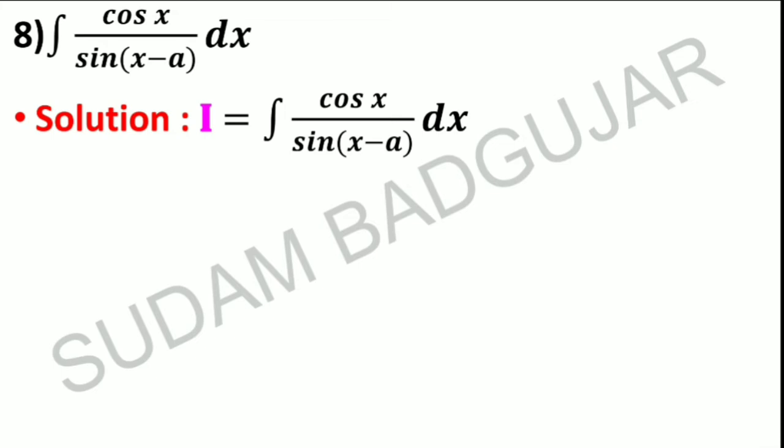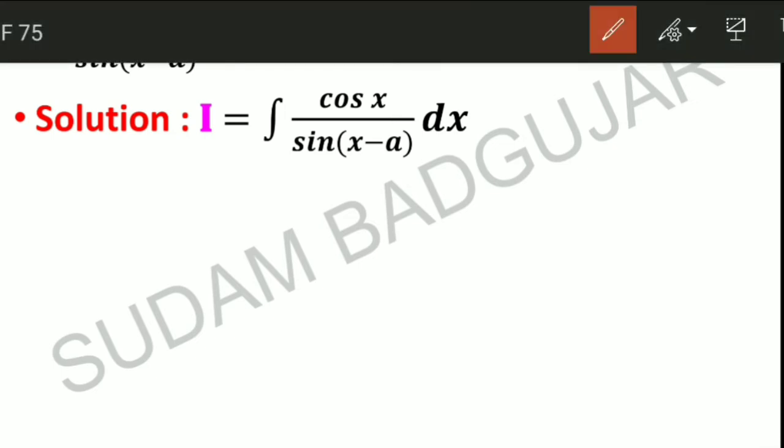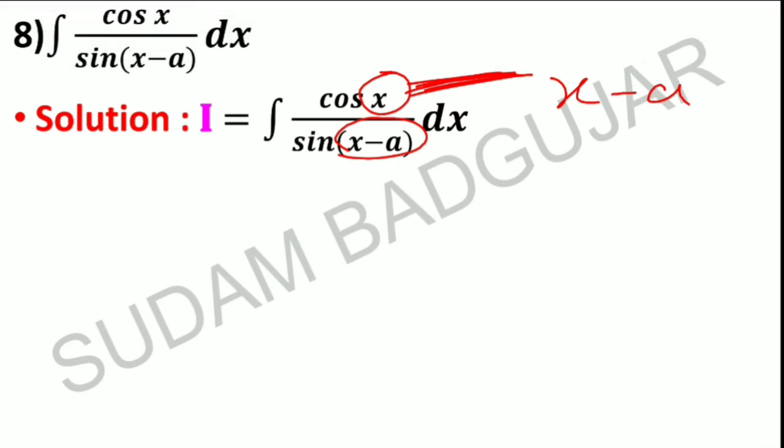So how to integrate this? I already explained. See, you have to observe the angle here. What is the angle? Here it is x, and here the angle is x minus a. So you have to convert the numerator angle in terms of x minus a, the denominator angle, and it is very simple. How to convert this?